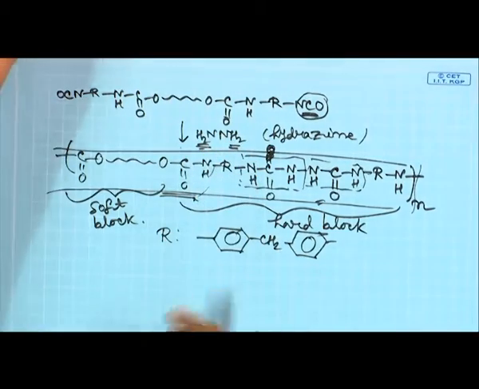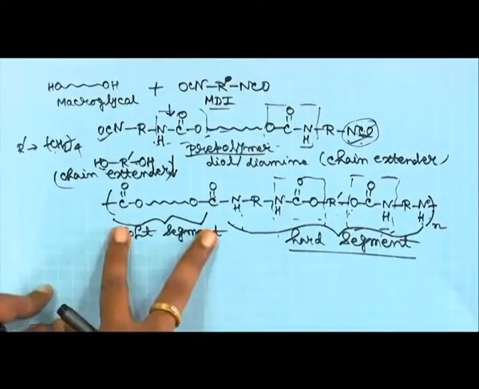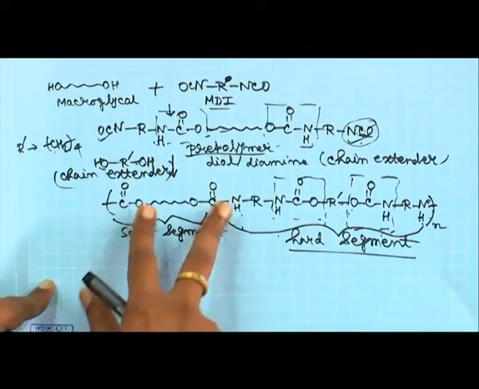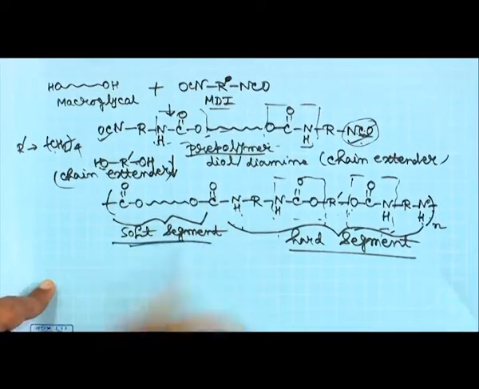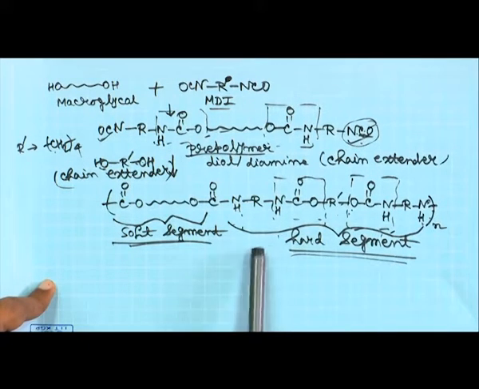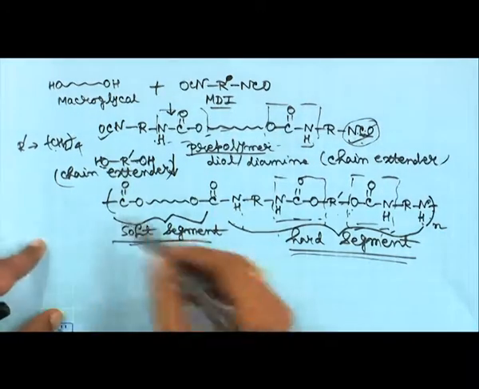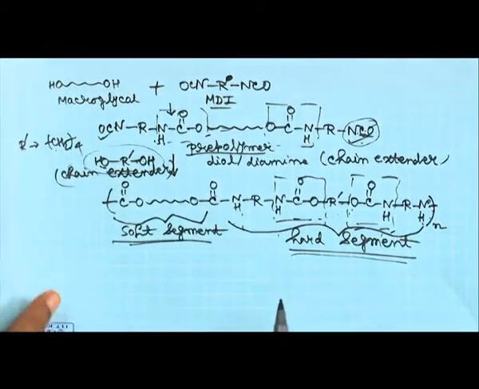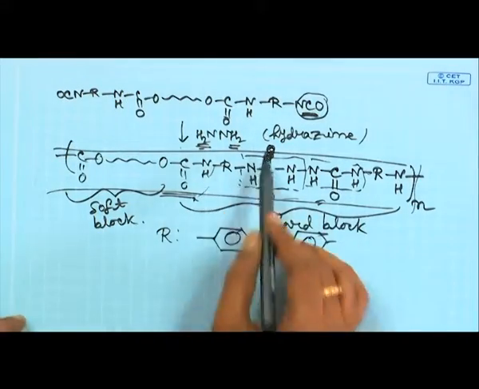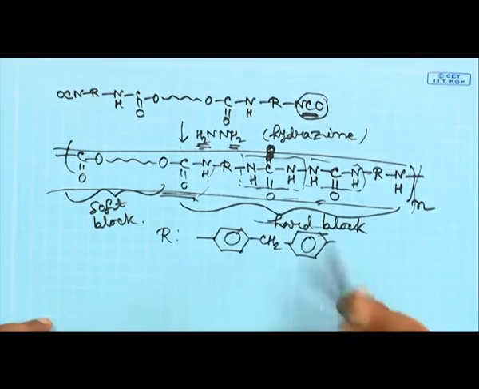So, in both the cases you will have a soft segment which is your flexible segment, generated from your macroglycol unit, and you have a hard segment which has a possibility of a lot of hydrogen bonding interactions, all right, between your urethane linkages if you are reacting with a diol, or your amide linkages if you are reacting with a diamine. So, this is your hard block and this is your soft block.